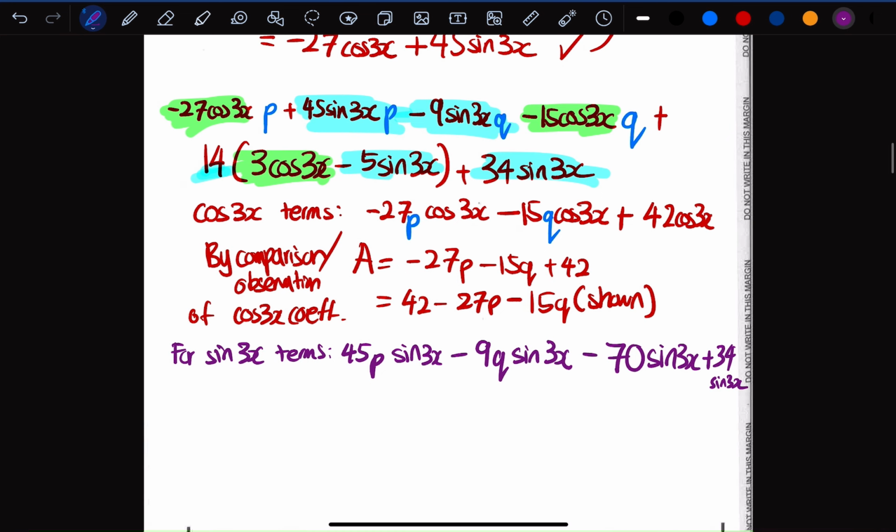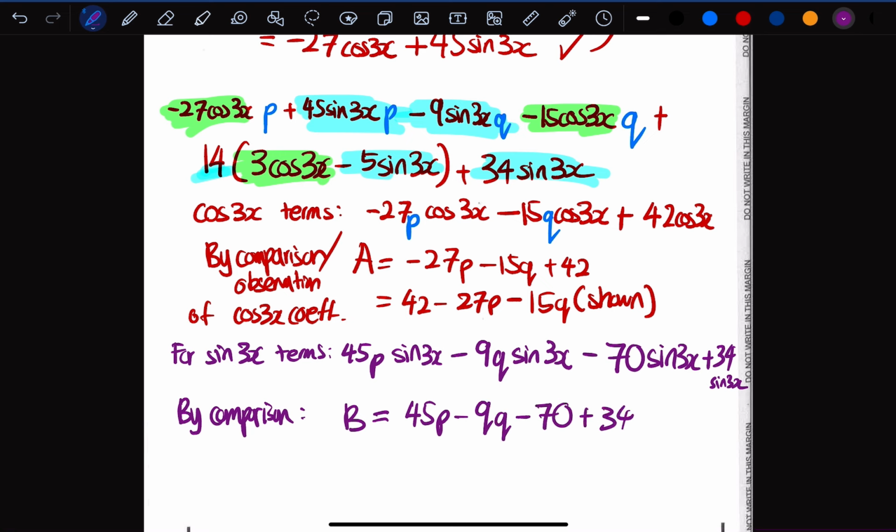Here again, by comparison, we can tell that b is equal to 45p minus 9q minus 70 plus 34.